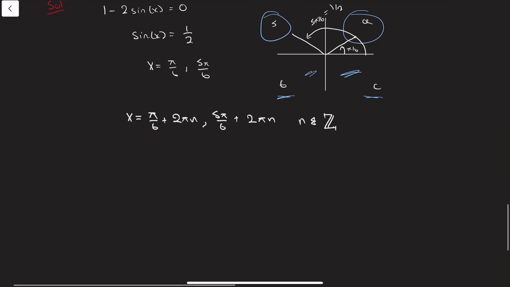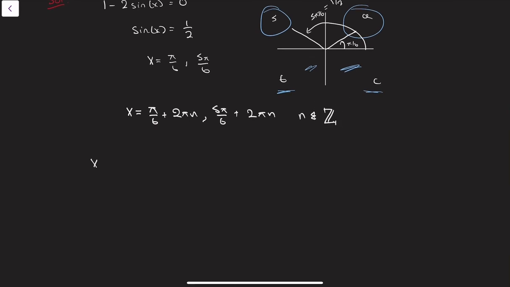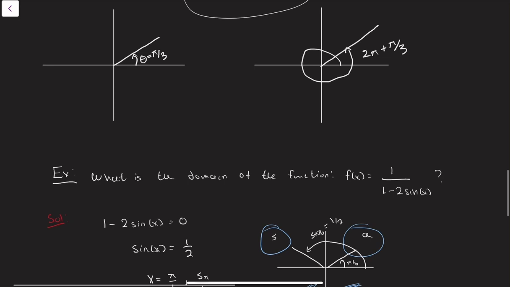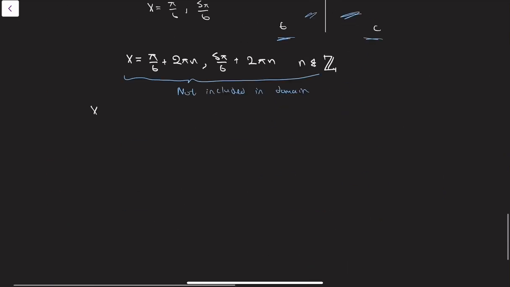So we can say our domain, then, since these are the points not included in the domain, since they make this expression 0.